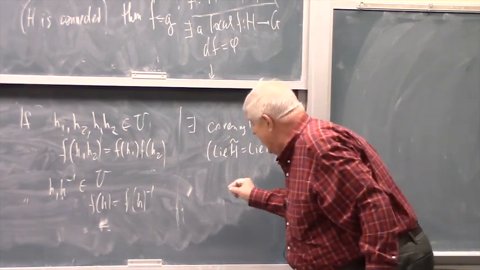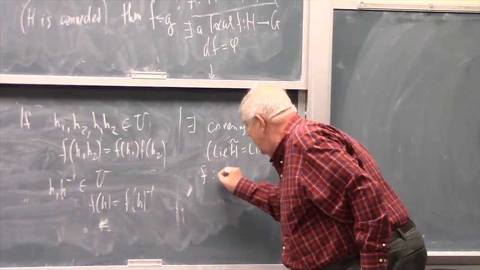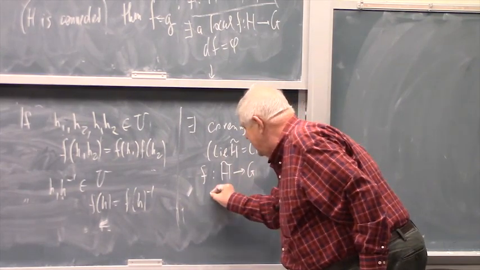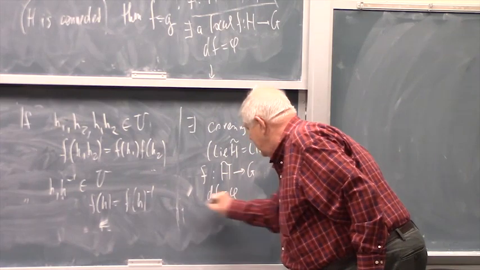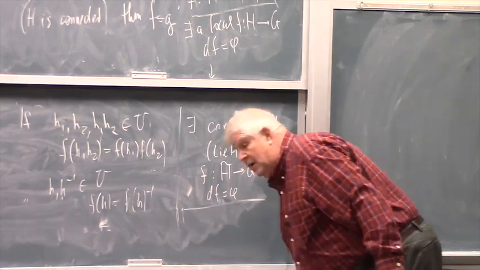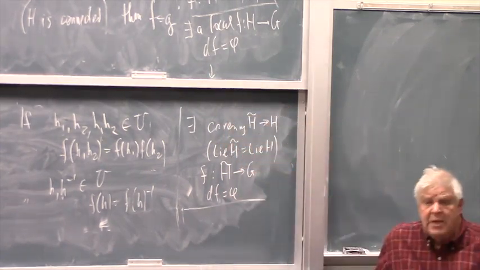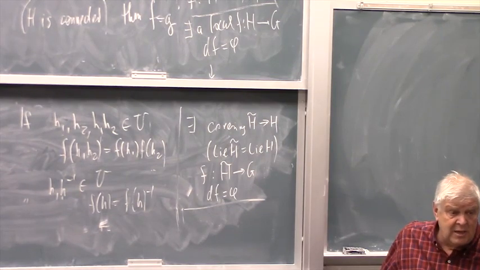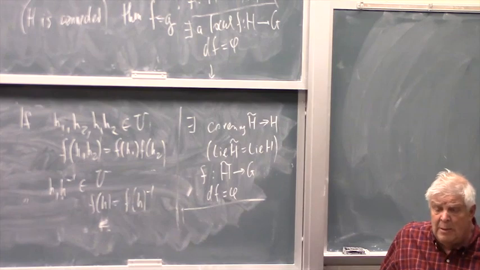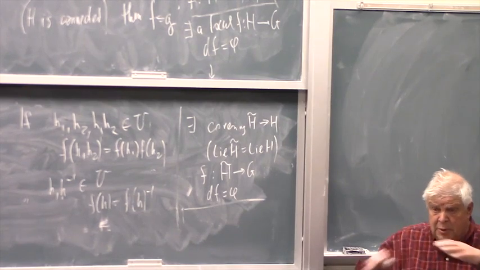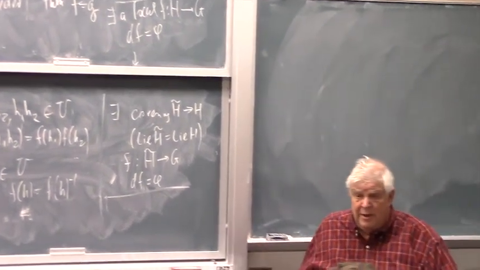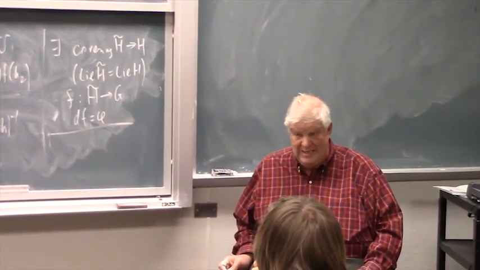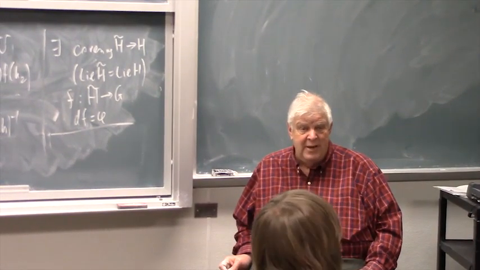There is a covering and a map f from H tilde into G, so that df is phi. This is the right way to globalize the statement, to make it global. A local homomorphism is a local homomorphism, but if we want to make it global, it's possible that we will need to replace H by its covering.